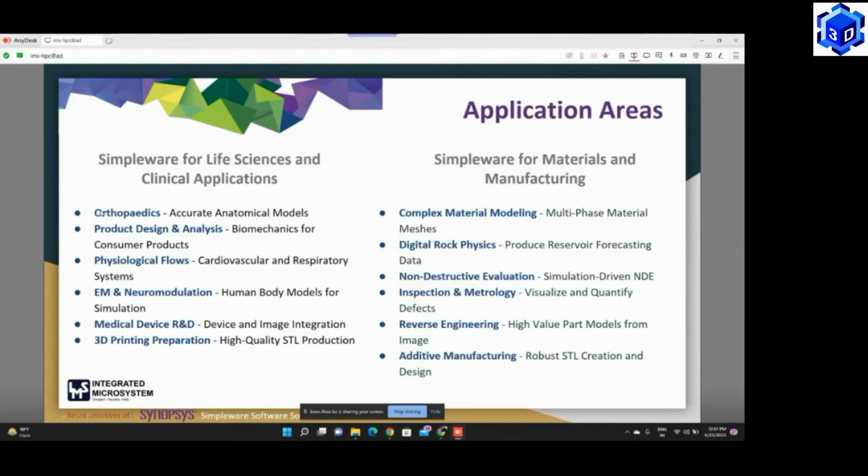You can see some of the application areas, like people working in orthopedics, product design analysis, physical flows, medical devices, research and development, and printing preparation. People working in materials and manufacturing can also use this software for reverse engineering, additive manufacturing, and non-destructive evaluation. All these applications can be conducted inside this software.